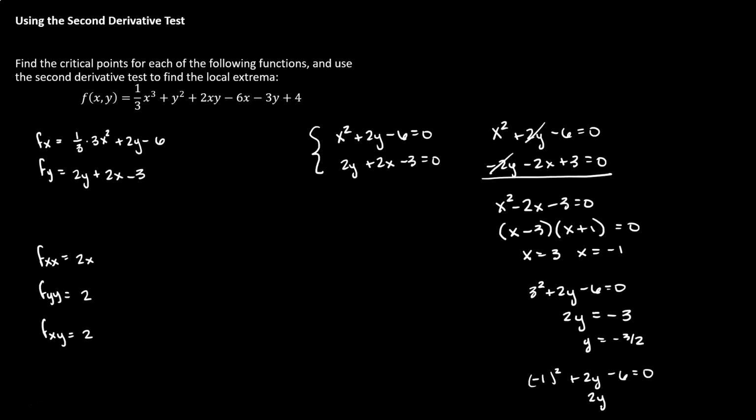That looks like 2y minus 5 equals 0, or y needs to be 5/2. So we have our two critical points: (3, -3/2) or (-1, 5/2).